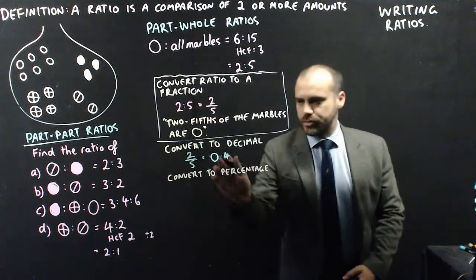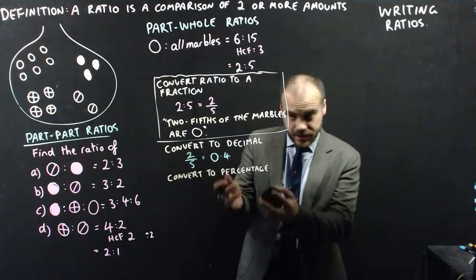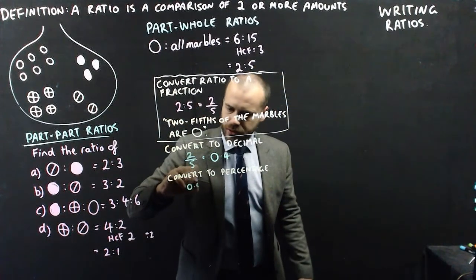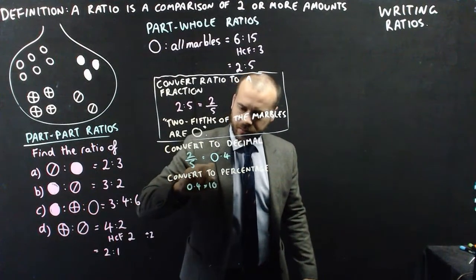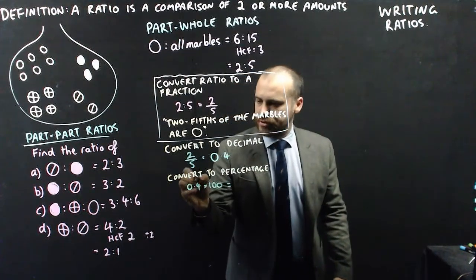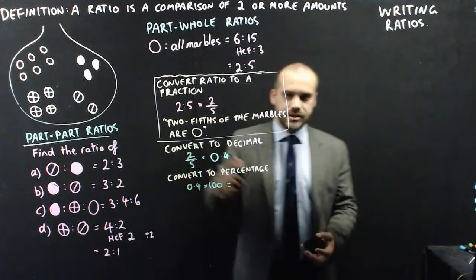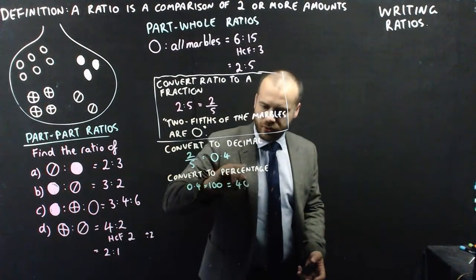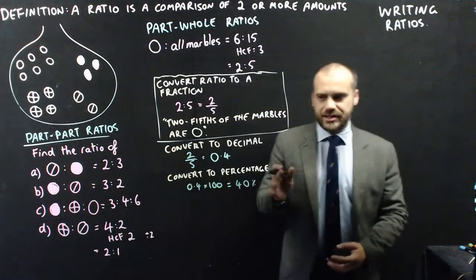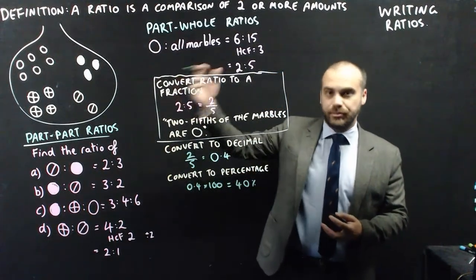So if we convert 0.4, which is 2/5, which is 2 to 5, to a percentage, we multiply 0.4 by 100. You can think of it as moving the decimal 2 places. Either way, we're going to get 40%. Now that means 40% of all of the marbles are blank.